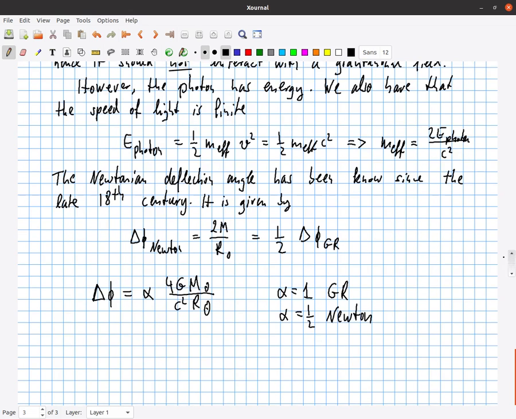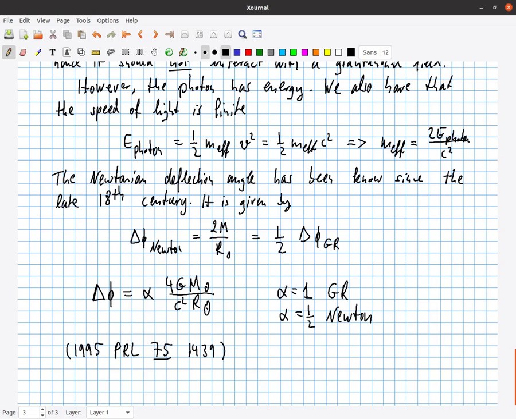And the data I'm quoting is a paper from 1995. Let me just find the exact reference for you. The reference is Physical Review Letters, year is 1995, issue 71, and the page number is 1439.